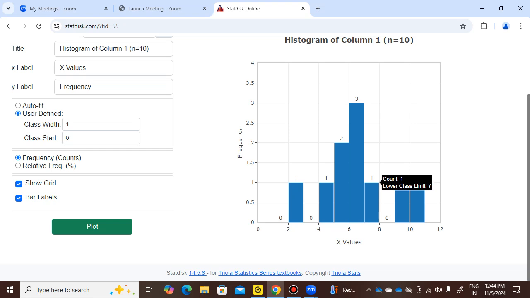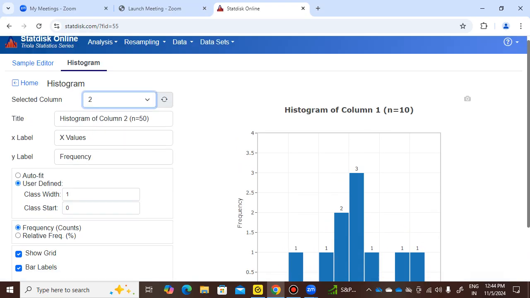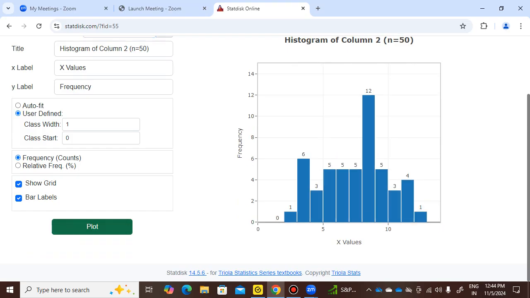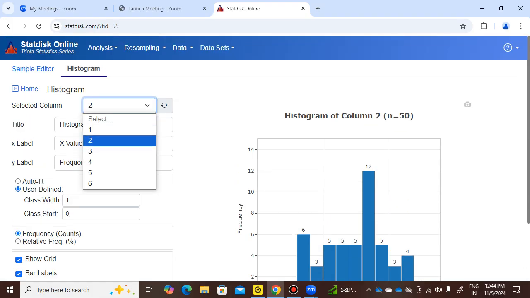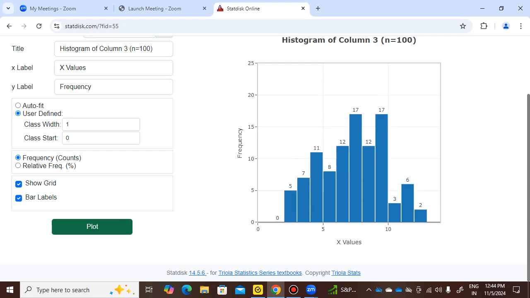So we got no 8s in this, so 0 is our number obtained. Let's go through each of these, getting the numbers down first. So here, 2, 3, 4, 5, 6, 7, 8. We had 12. Then for 100, 2, 3, 4, 5, 6, 7, 8. We had 12 again.